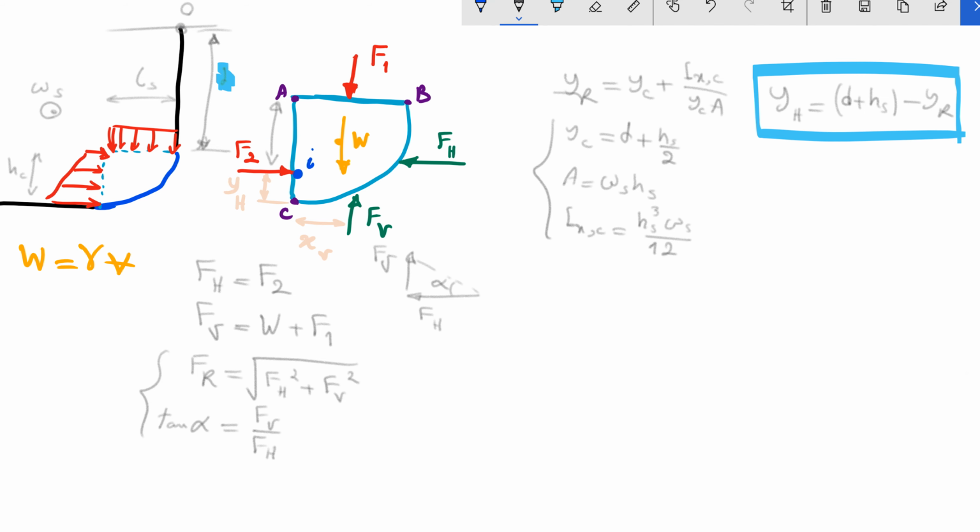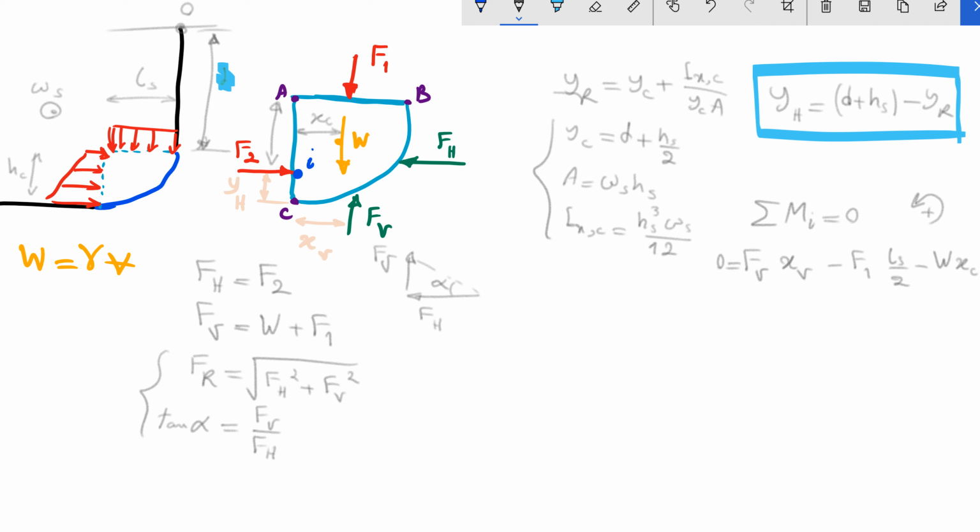Using that formula, I can find the moment about point I, which must be equal to 0 because we have equilibrium, and counterclockwise positive. So Fv times xv minus F1 times Ls divided by 2 minus W times Xc must be equal to 0. What is Xc? Xc is here.